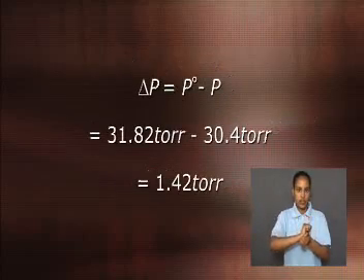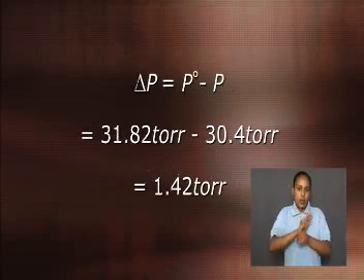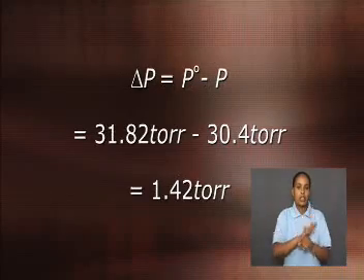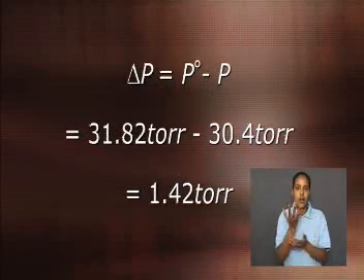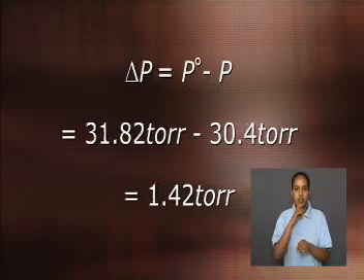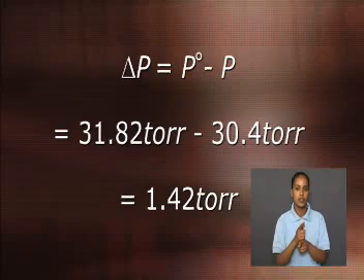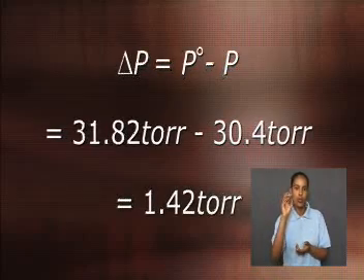The change in vapor pressure, or the vapor pressure lowering, is equal to the vapor pressure of the solvent minus the vapor pressure of the solvent in the solution. The answer is 1.42 torr.